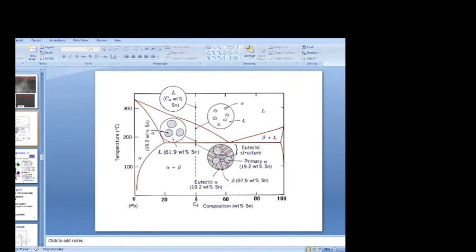So the photograph of this is as we discussed, the development of this particular structure is taking place.